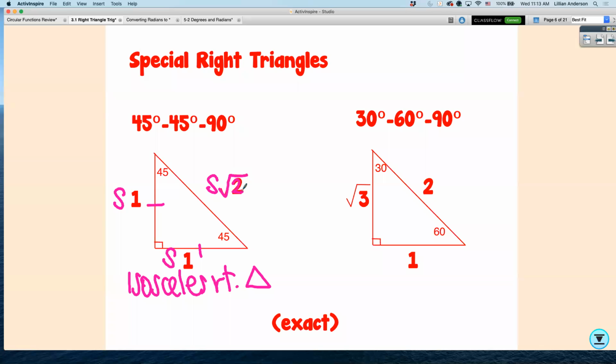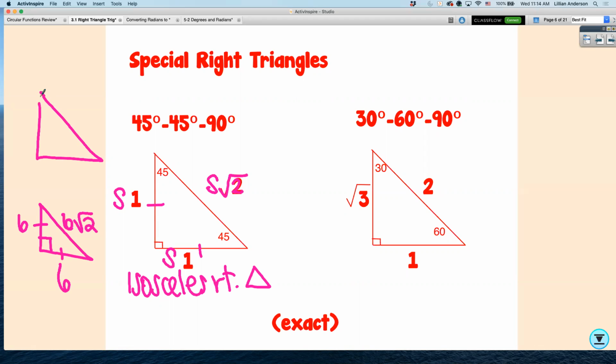So let's say this was 6, then you know this other leg is going to be 6, and the hypotenuse is going to be 6 square root of 2. All you do is take whatever the leg length is and attach a root 2 to it. You can go the other way as well.